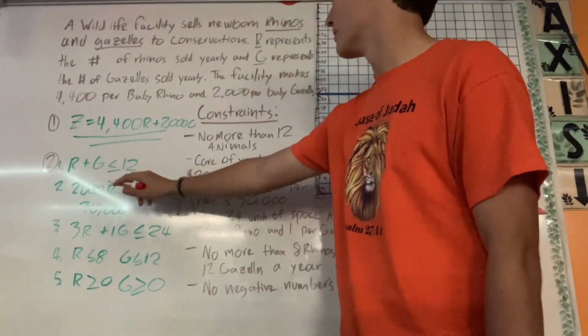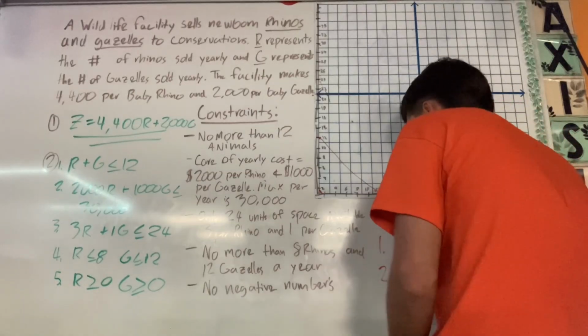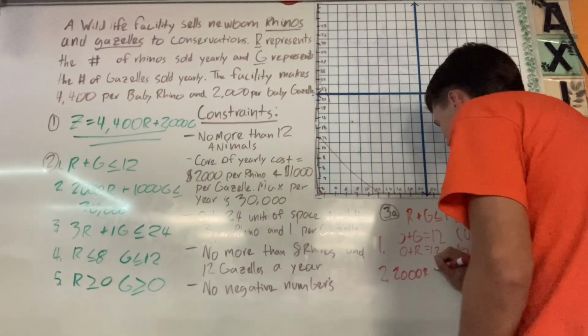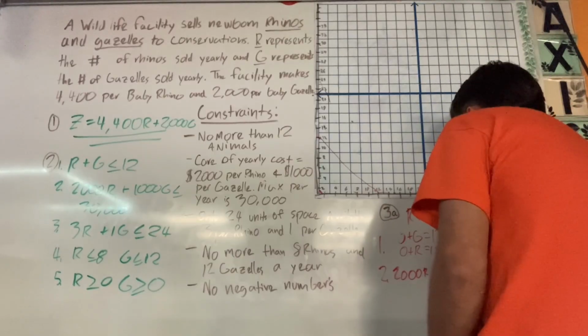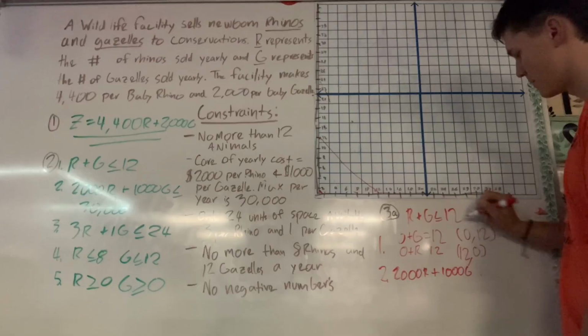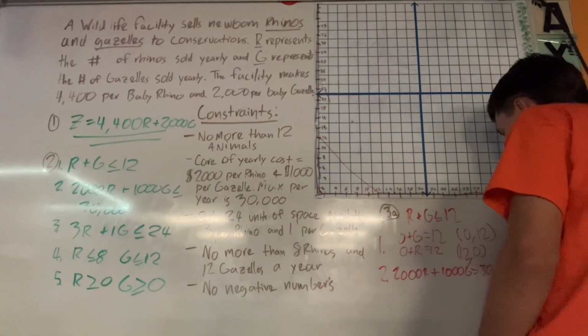Alright, now we can move on to our second constraint. We bring this one over here, same thing, a little more complicated. 2,000 per rhino plus 1,000 per gazelle. And then, of course, we change this to an equal sign, 30,000.